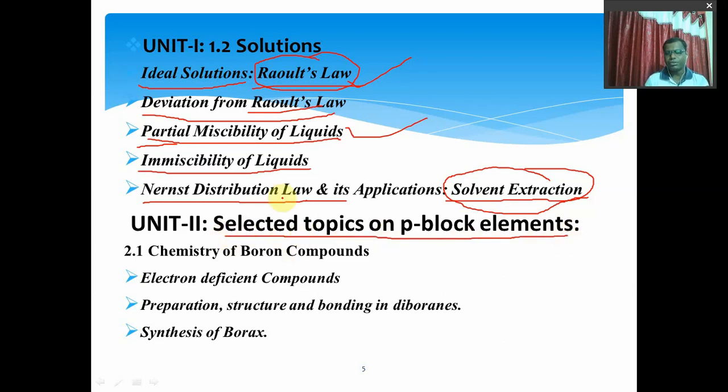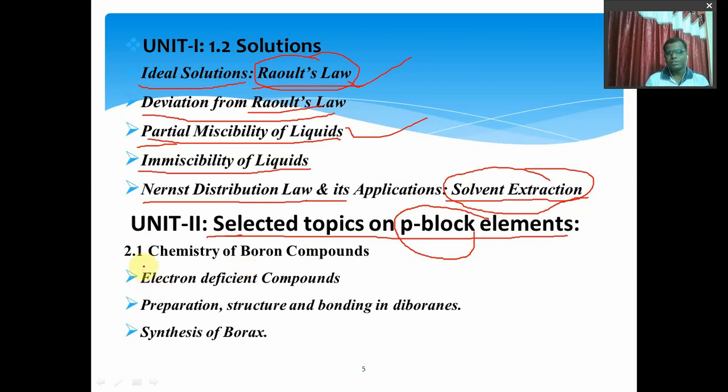Maybe the introduction of this topic will already be given by that particular teacher, but again in short we will discuss this. There are different blocks of elements in the periodic table, called s block, p block, d block, and f block. Out of these, in this topic you are going to discuss p block elements.